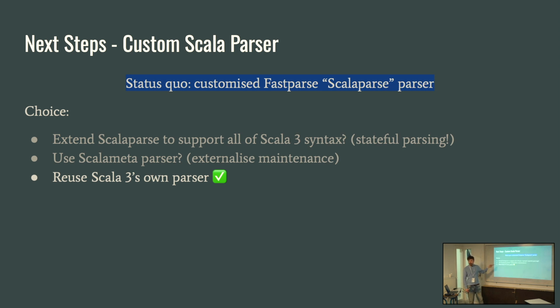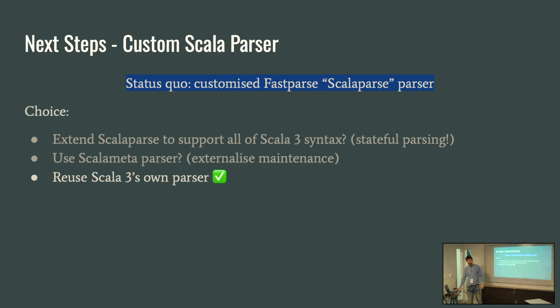There's also the Scala meta parser, which exists. I think we could have used that, but that means an extra third-party dependency. On the other hand, it means we don't have to do crazy class loading hacks. So I wanted that one, but in the end we used Scala 3's own parser.